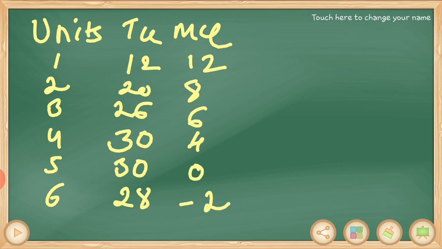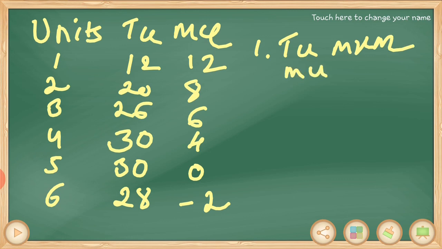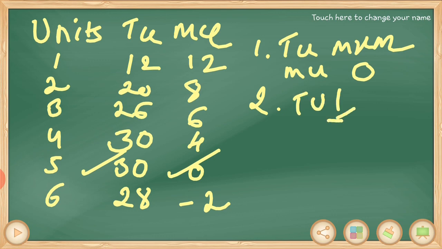Let us try to understand the relation between TU and MU. See here, the first one. When TU is maximum, MU is 0. The second one, when TU falls, MU becomes negative.